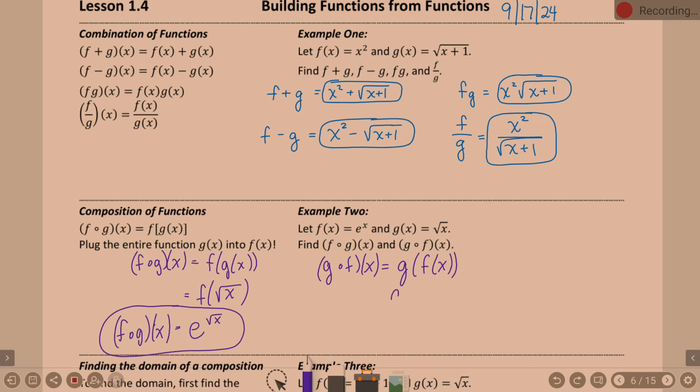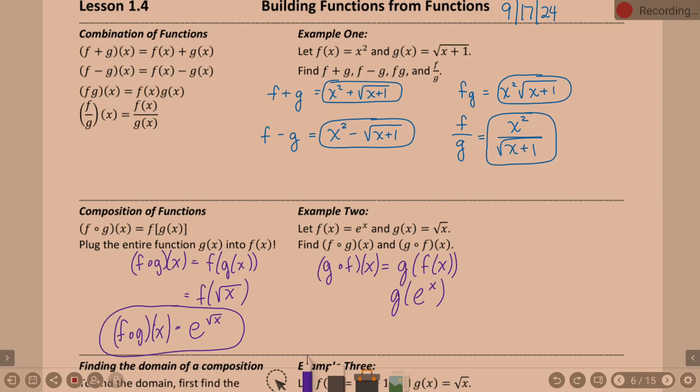So this is going to be g of e to the x. Meaning, what are we going to do? We're going to take this f. See an x in the g equation, you replace it with e to the x. So g is supposed to be the square root of x.